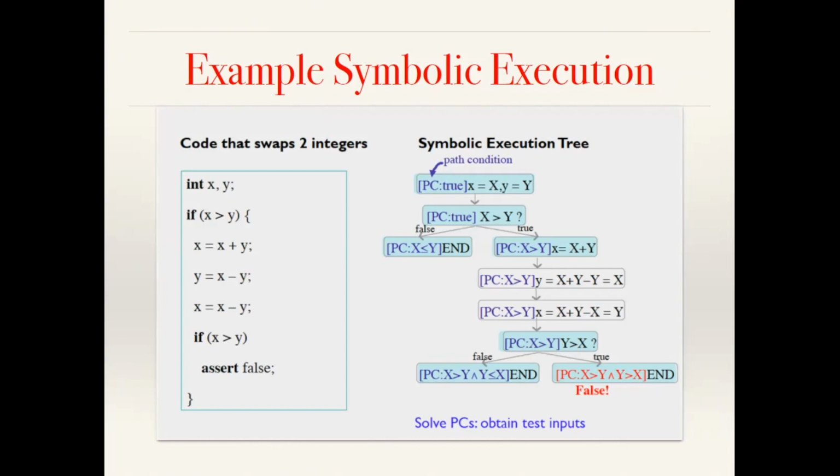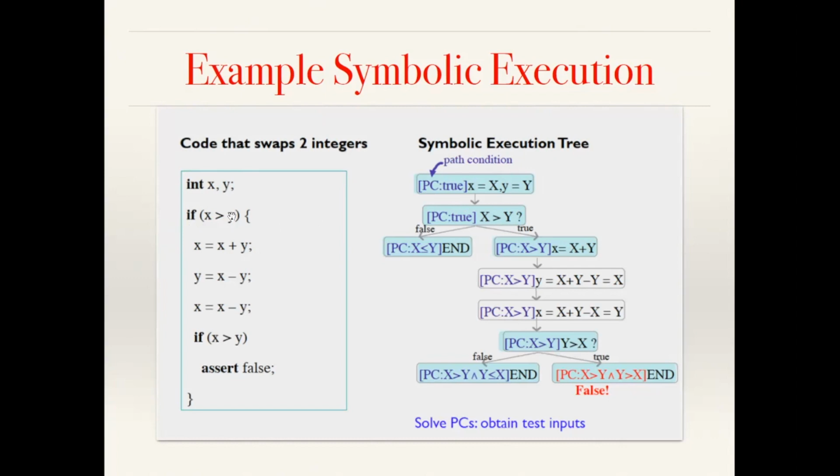This set of traces can be organized in a so-called symbolic execution tree. The nodes in the symbolic execution tree are represented by the symbolic values of the different variables through the code, and then there is some branching that is due to encountering conditions through the code.